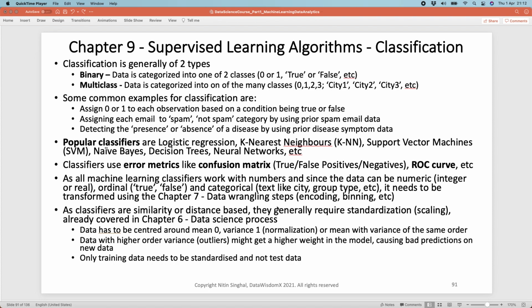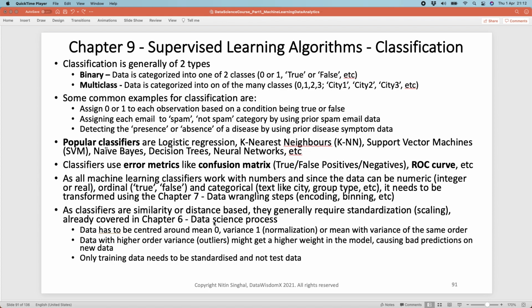And we've already shown you how to do that in the data wrangling chapter. So you need to encode the data, you need to bin the continuous data, and clean the data, all those steps we've shown.